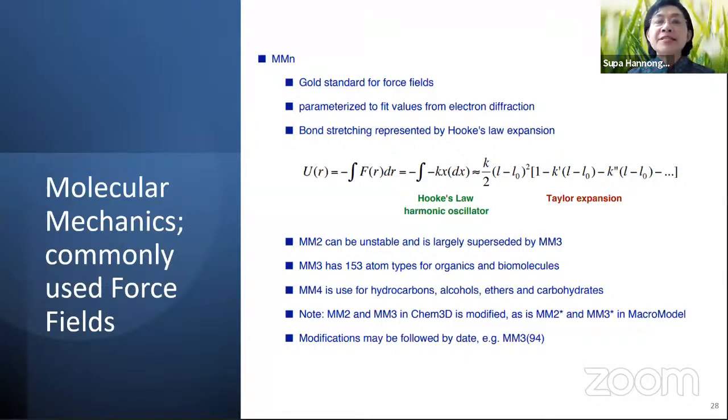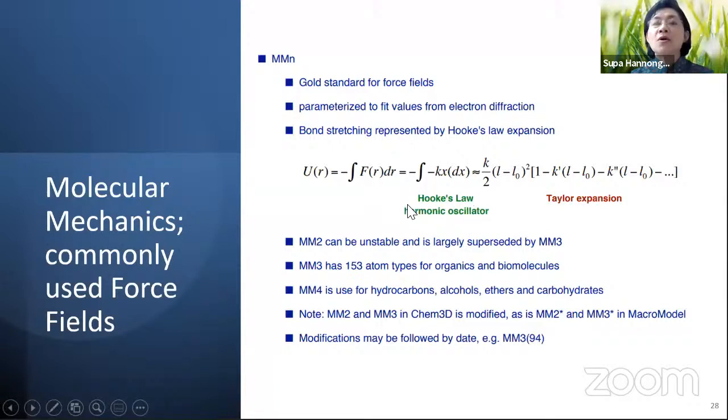And the parametrization to fit the values comes from electron diffraction, mostly from X-ray diffraction. And the bond stretching is represented by the Hooke's law expression, as explained in this equation, right?